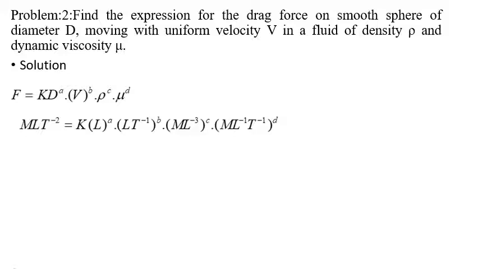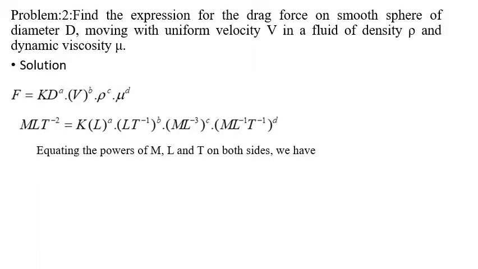Then velocity is given by L T to the power minus 1, density M L to the power minus 3, and dynamic viscosity M L to the power minus 1 T to the power minus 1, with the arbitrary powers a, b, c and d.